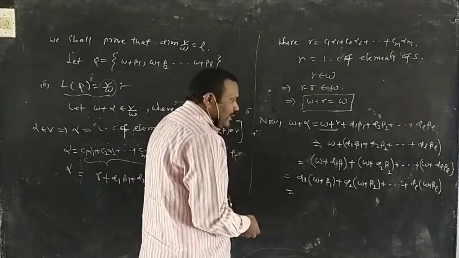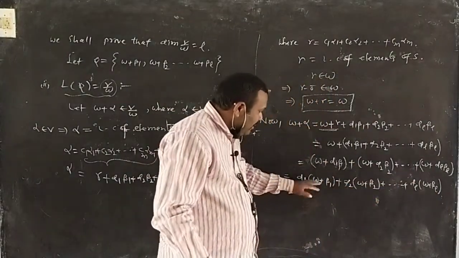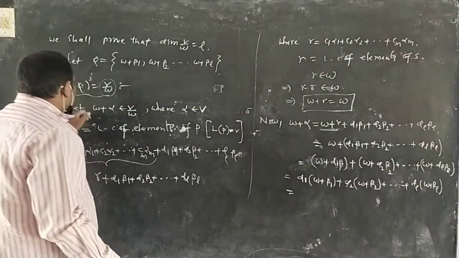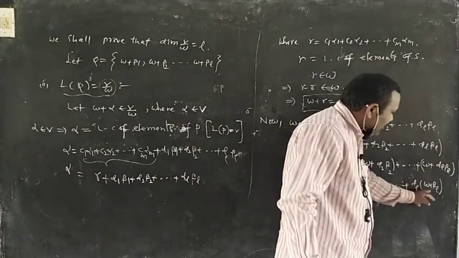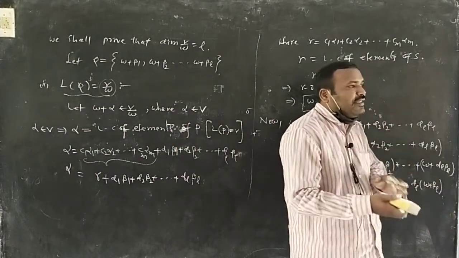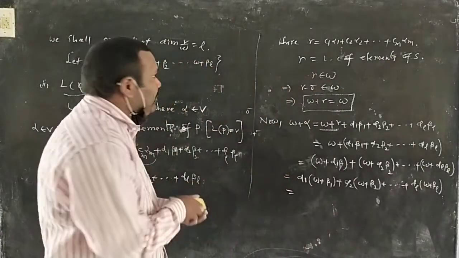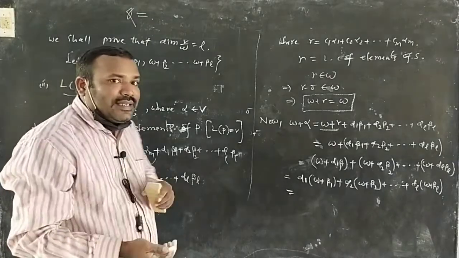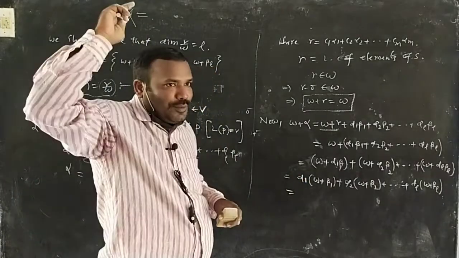This is a linear combination. What is this? Linear combination of cosets. Cosets are taken in which set? W plus beta 1, W plus beta 2, W plus beta L are the elements of which set? Q. Q is a set consisting of cosets. We have taken L cosets in Q.